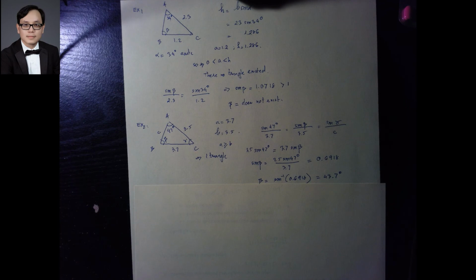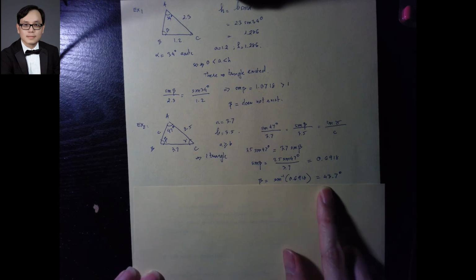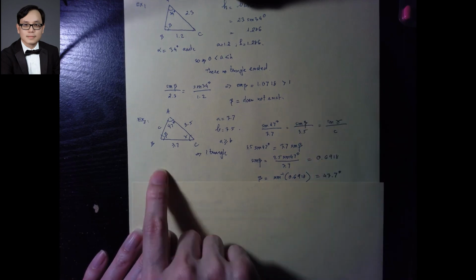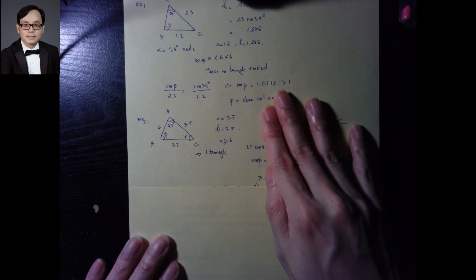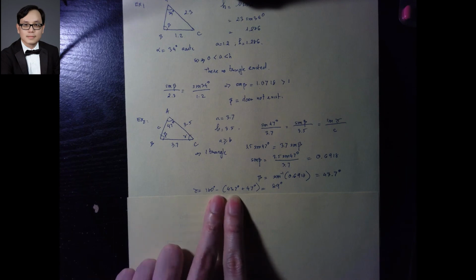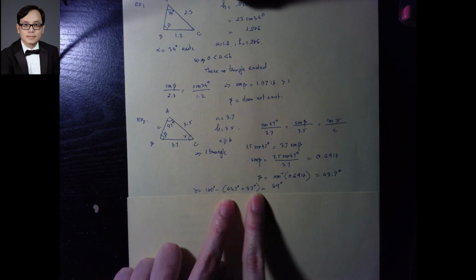Okay, so after you solve for beta, it's 43.7 degrees. I can solve for gamma, right? Because we already know alpha, and we know the sum of the angles of the triangle is 180. So gamma equals 180 minus (43.7 plus 47), which is 89.